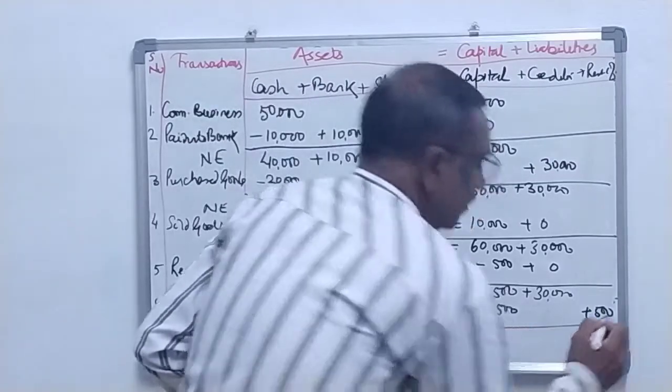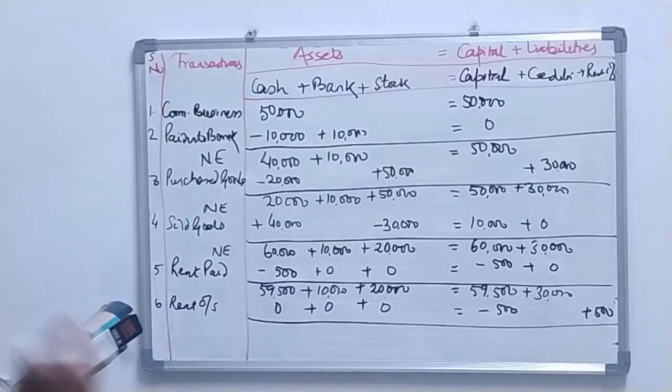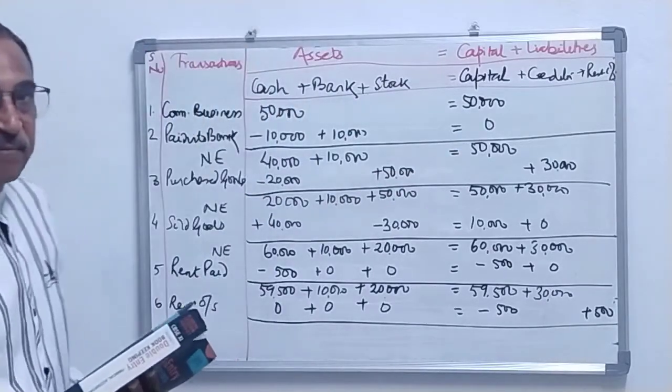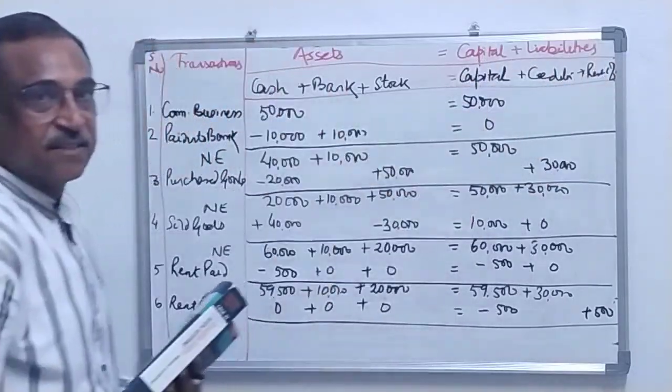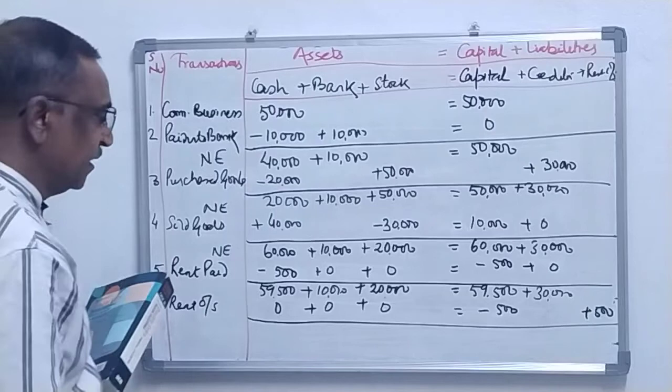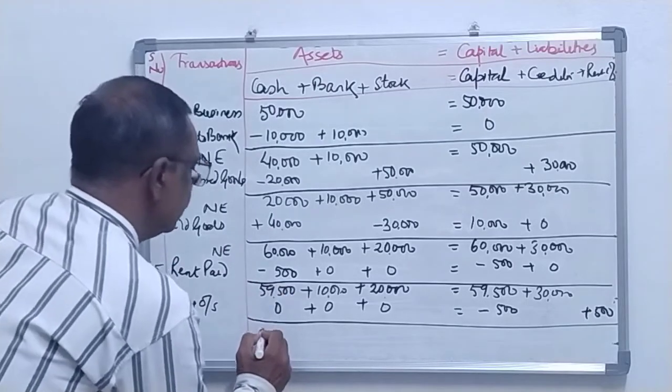That means because of this transaction there will not be any effect on assets. Only the liability has increased and capital has decreased on the right hand side. Clear?